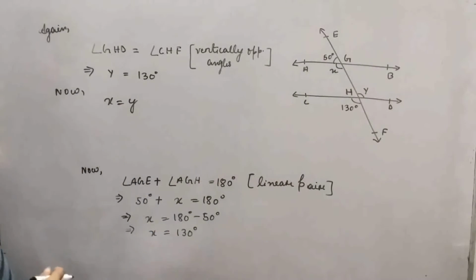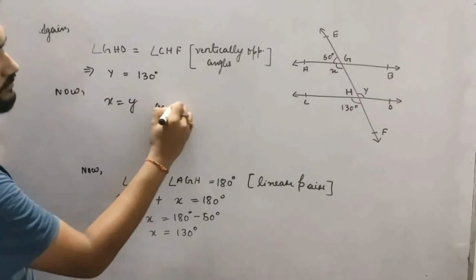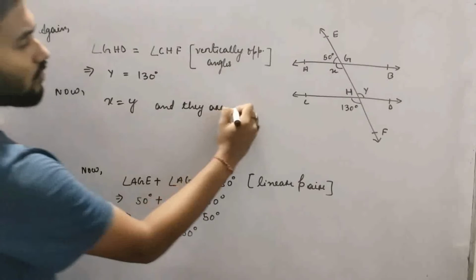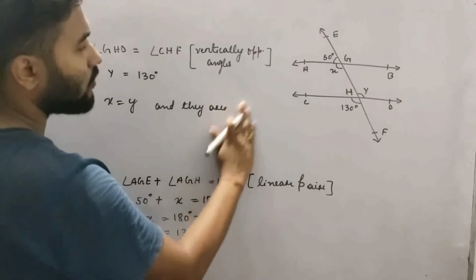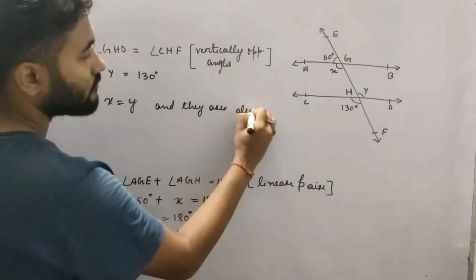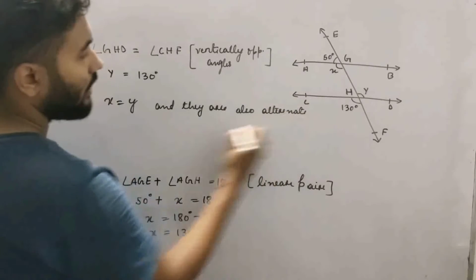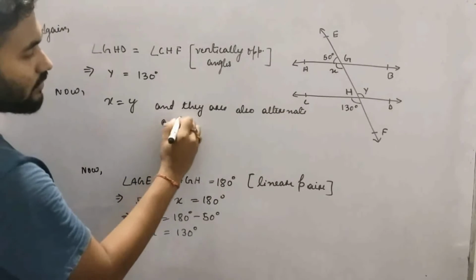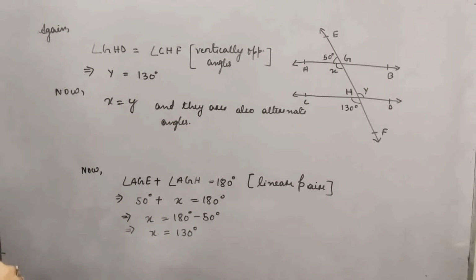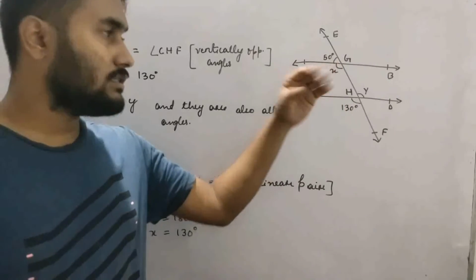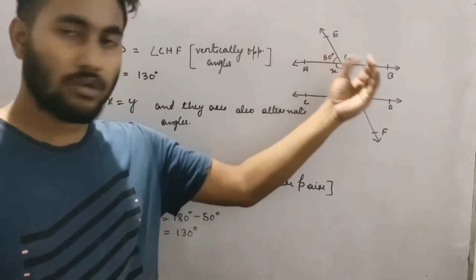Now X is equal to Y and they are alternate angles. See, we have got X equal to 130, Y also equal to 130.